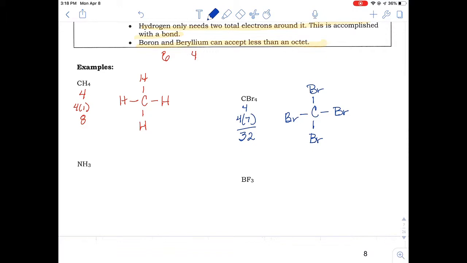Remember, each line is 2 electrons, so we have 2, 4, 6, 8 electrons out at this point, and we have to go to 32. So, 8 electrons, 9, 10, and so on up to 32. There's our 32 electrons.